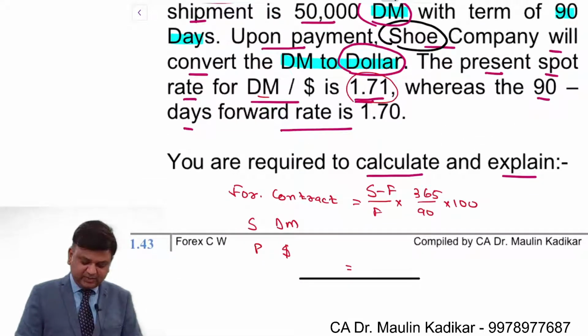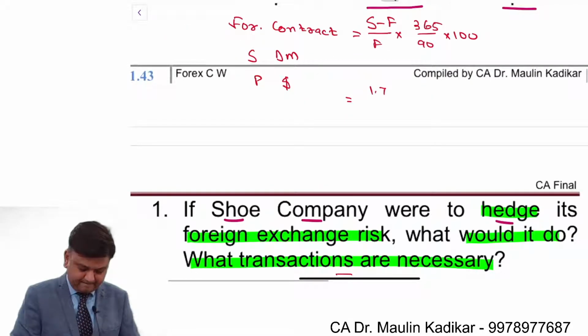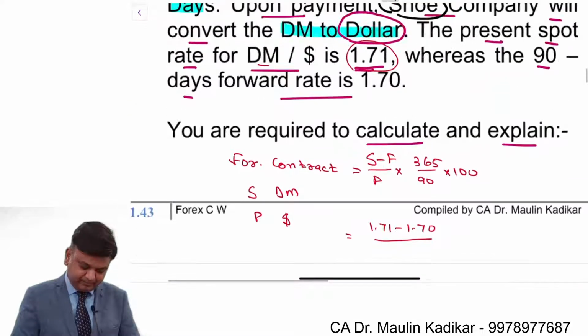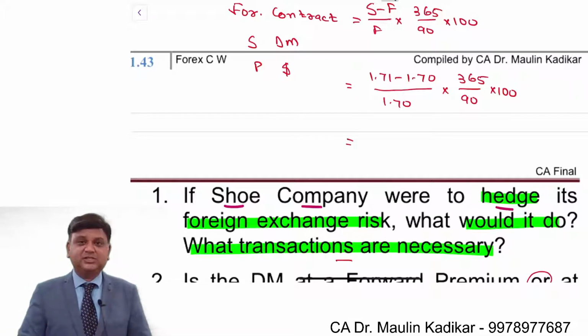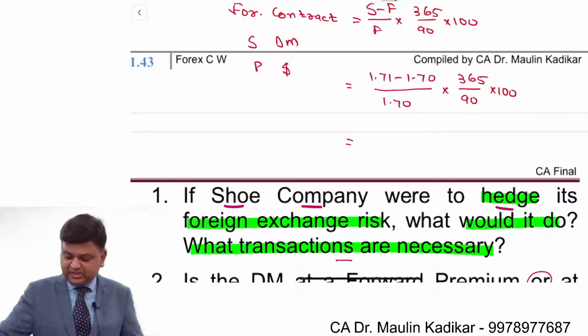Spot exchange rate is 1.71. Forward is 1.70. Divided by 1.70 into 365 divided by 90 into 100. This is the way premium or discount can be calculated for Dutch mark currency.